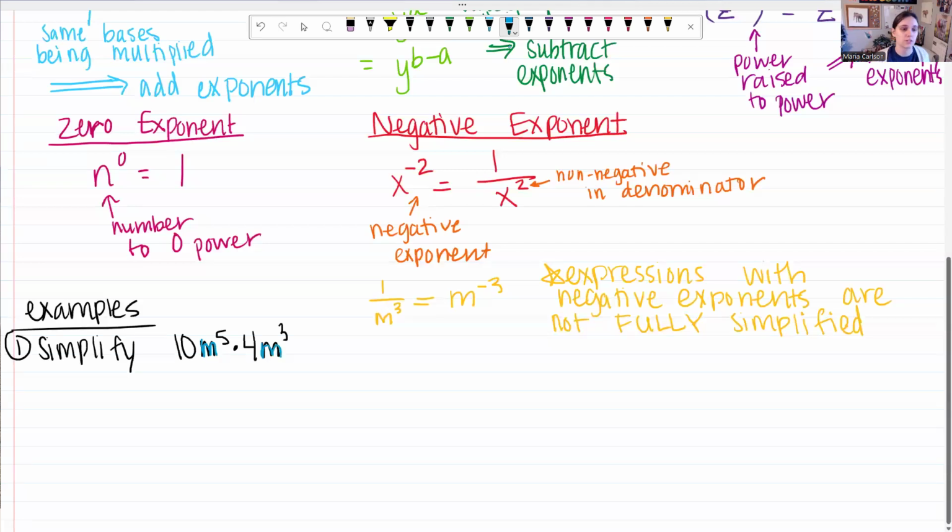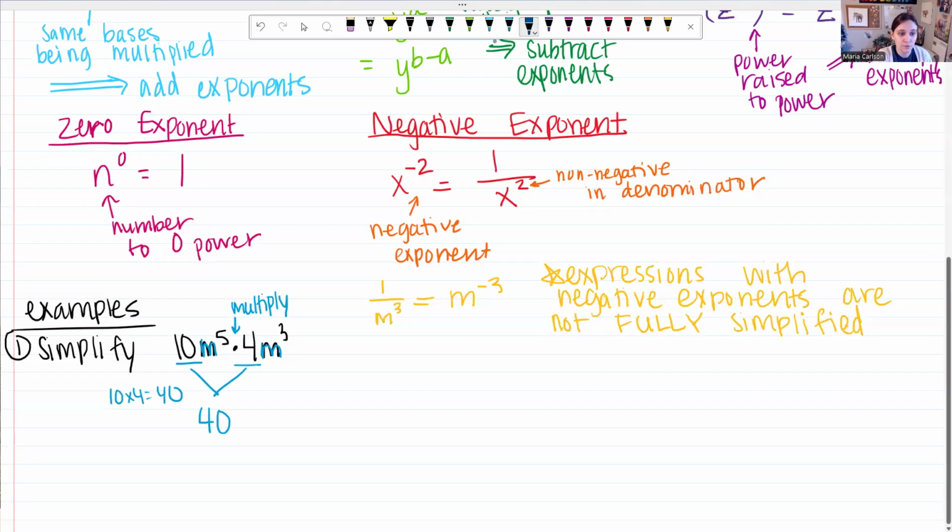Doesn't matter that the exponents are different. My goal is to multiply the two terms together. The coefficients in front are just two numbers that are going to be multiplied together. So I'm going to multiply 10 times 4, which gives me 40. So 40 is going to be the coefficient in our simplified answer.